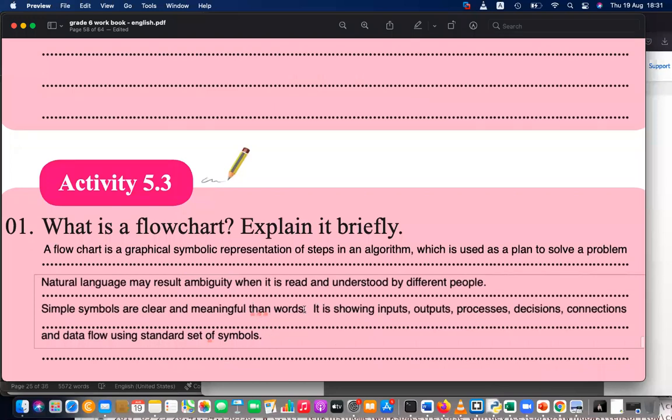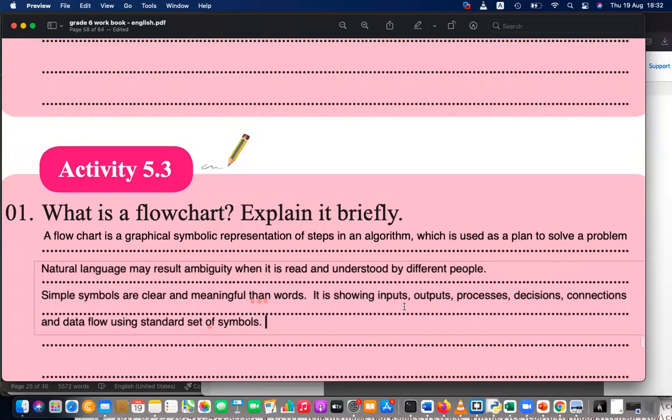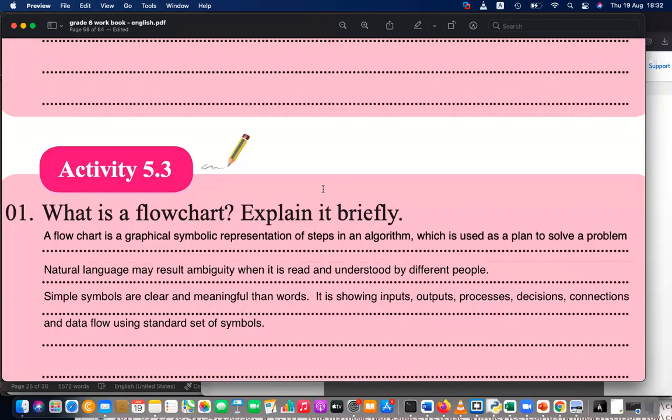Symbols are more clear and meaningful, and that's why we use symbolic representation to write the flowchart. To show inputs, outputs, processes, decisions, connections, and the data flow, we use a set of symbols in flowcharts.